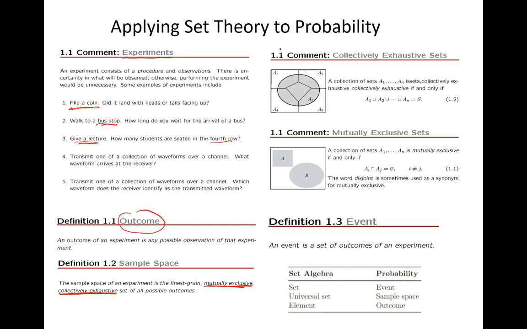As you see in comment 1.1, if we have n sets, A1 to AN, and the union of these sets gives the sample space, then this collection of sets is called collectively exhaustive.